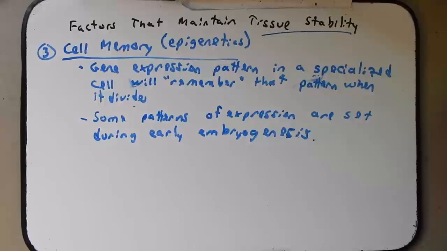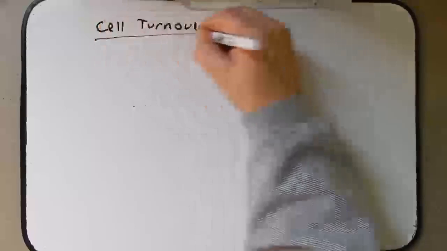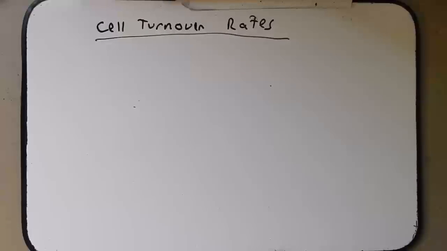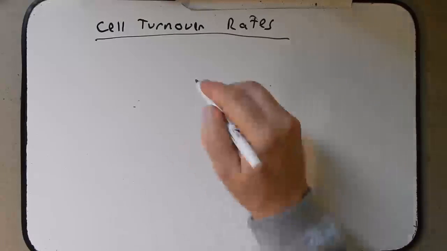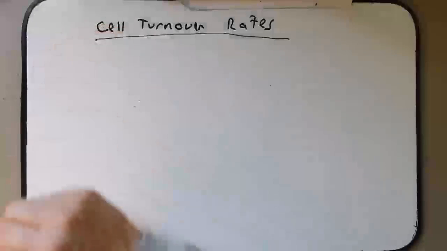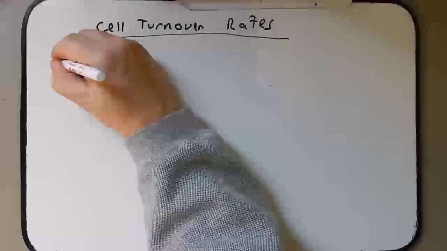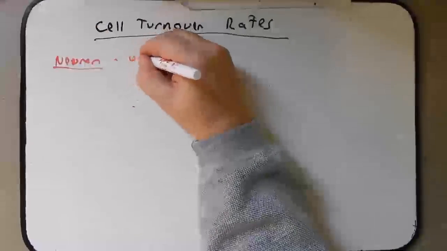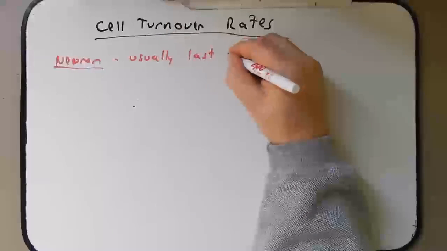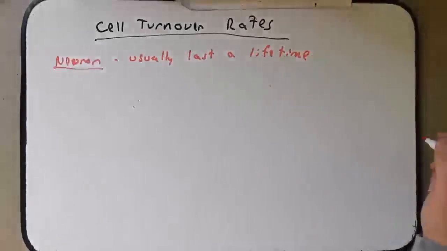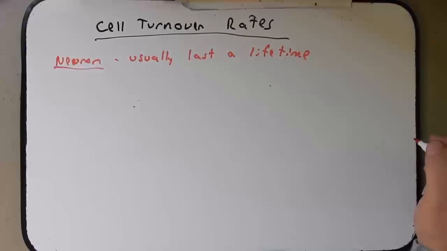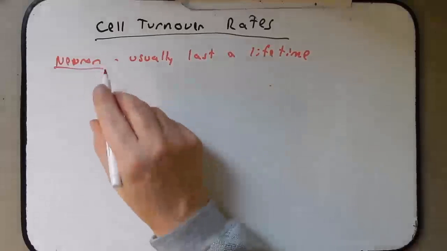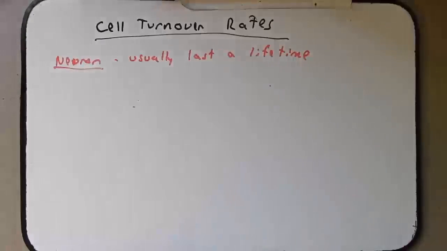Next, I want to talk about cell turnover rates. We've mentioned similar things before, but let's just remind ourselves of what we mean by this. Some cells, like a neuron, usually last a lifetime. They don't typically go under apoptosis. Some do, but typically they don't. And so once you have a neuron, it doesn't turn over.